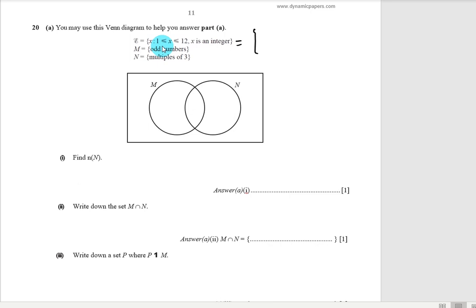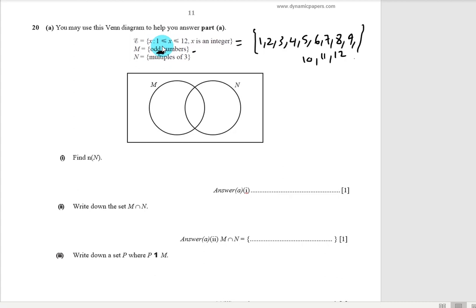Let us write the numbers 1, 2, 3, 4, 5, 6, 7, 8, 9, 10, 11, 12. So this is the big set, and then M is the odd numbers.